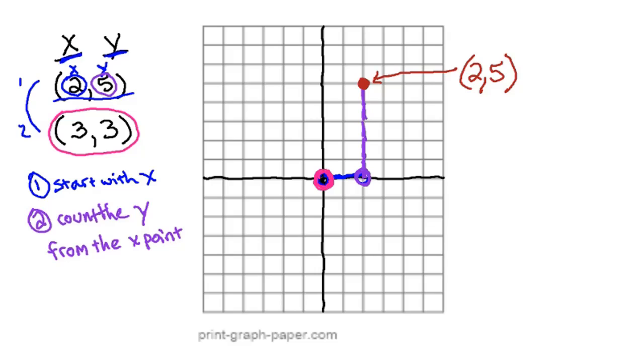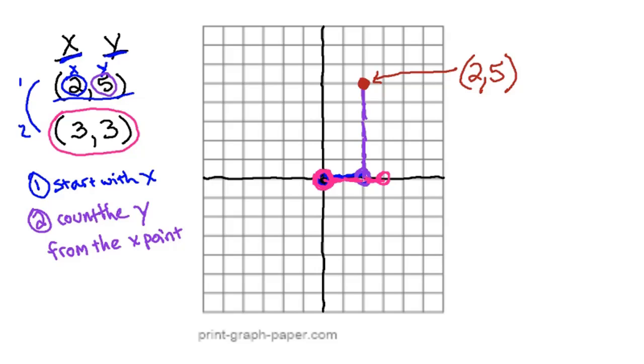Every time you plot an X, you start over at that middle 0 again. So the X in this case is 3. So we're going to count over 3 boxes. 1 box, 2 boxes, 3 boxes. And I'm going to draw a little circle there. So we just keep that in the back of our mind. That's where the X is.